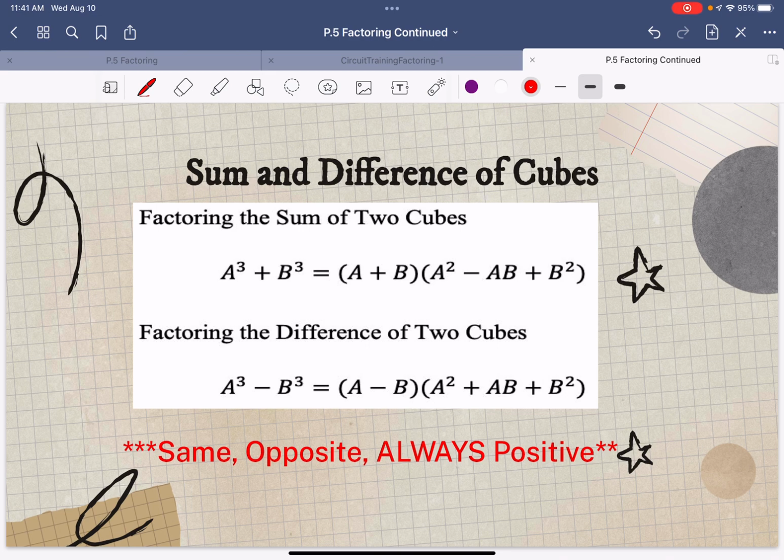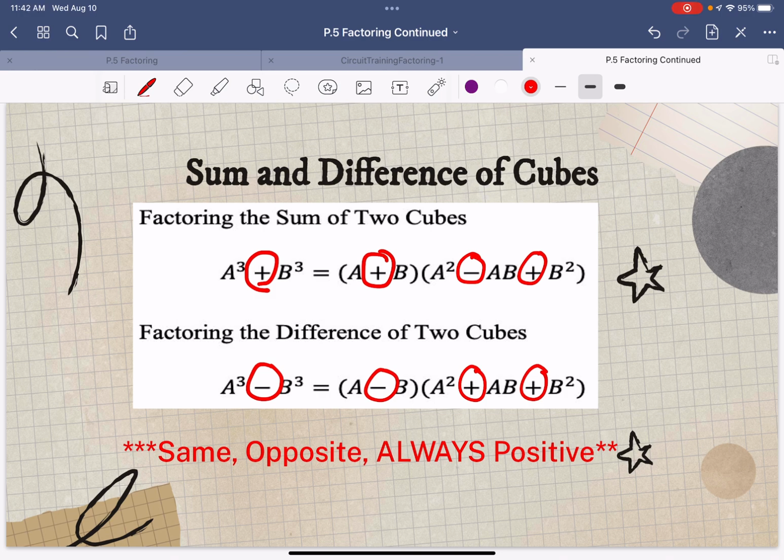So what that means is this sign here or this sign here. On the format on the other side, it's always the same sign first, then the opposite sign, and then always positive. So that kind of helps you because they're the same format, just one's plus and one's minus, so those change.